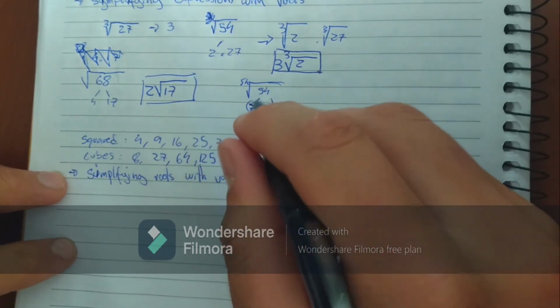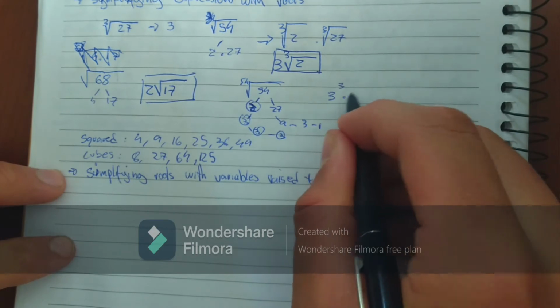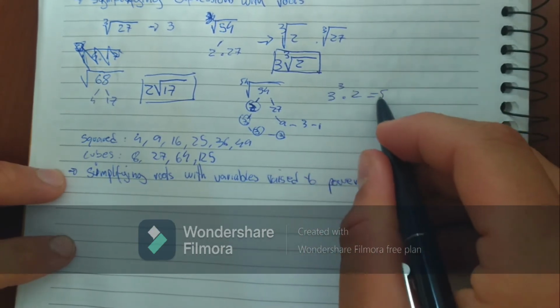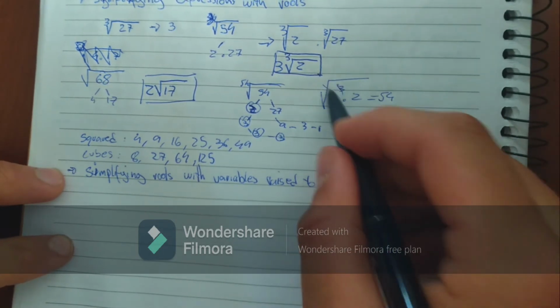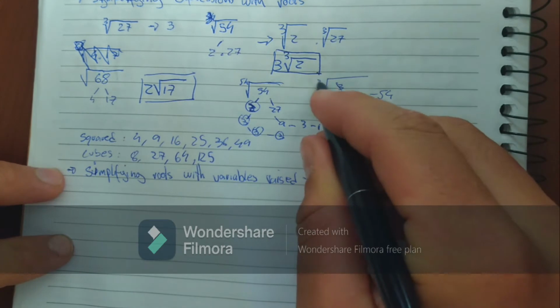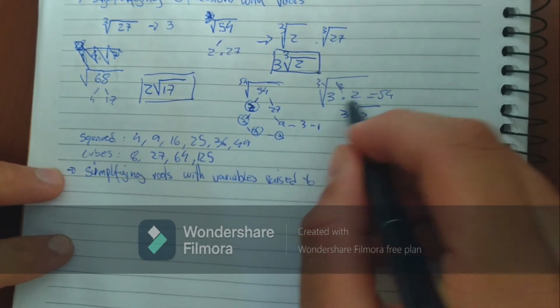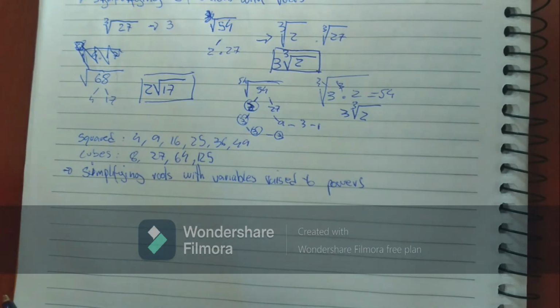So 3 times 3 times 3 times 2 is 54. So 3 cubed times 2 equals 54. So for the cube root, you can cross these out, and that will give us 3 cube root of 2, which is the same answer we got before. So that is how you simplify expressions with roots.